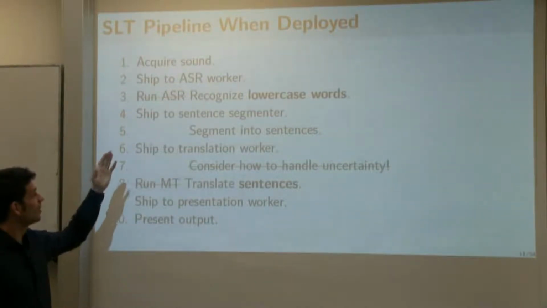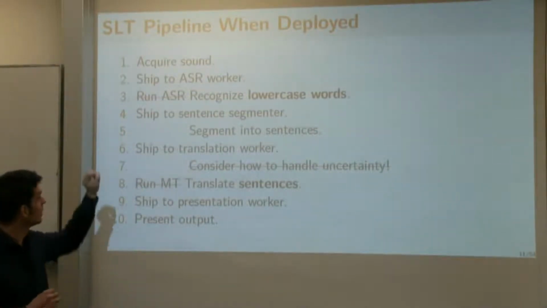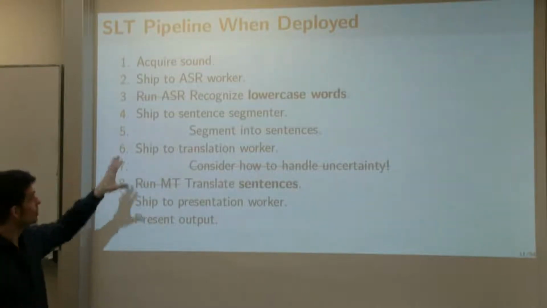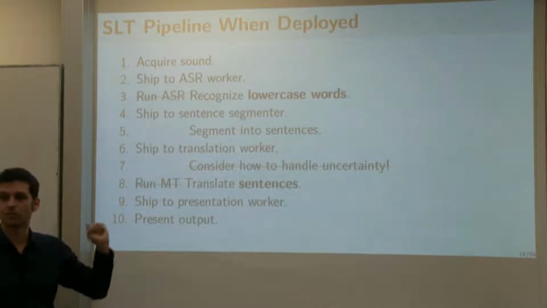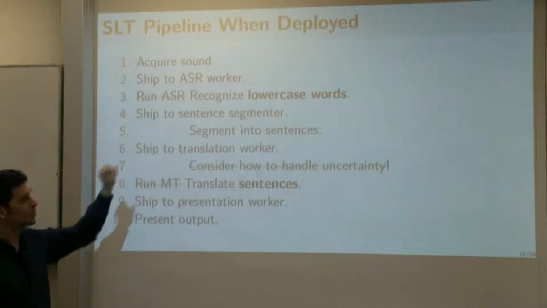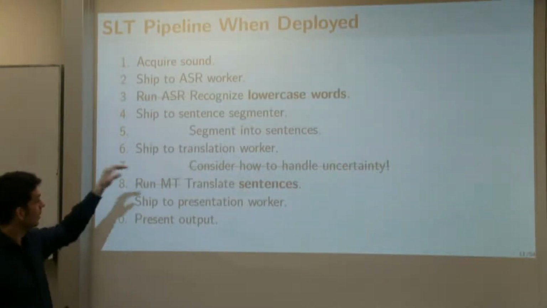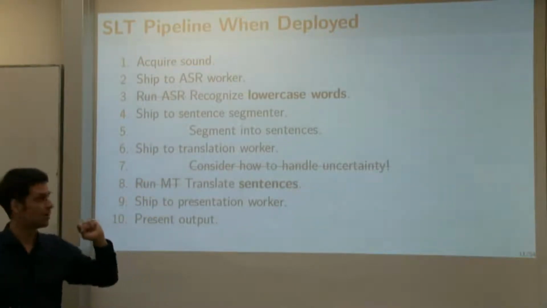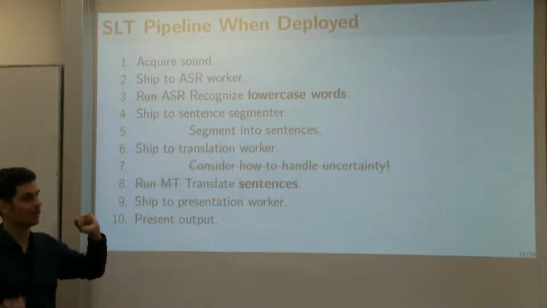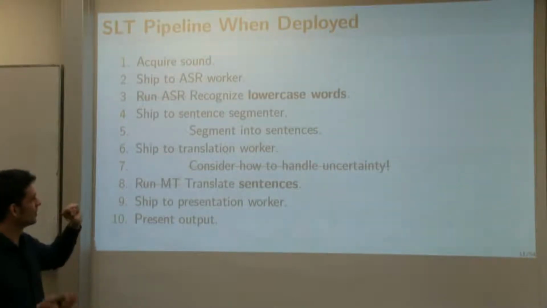So if you have independent systems, you will be acquiring the sound, you'll be shipping it to the ASR system, then the ASR system would recognize the lowercase words, you would ship it to the sentence segmenter that would do the sentence segmentation, then you would again ship it to maybe some other institute somewhere in Europe.